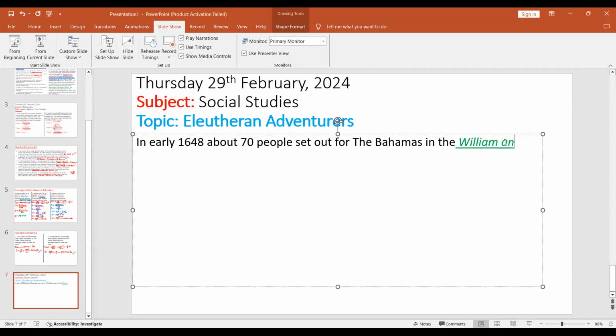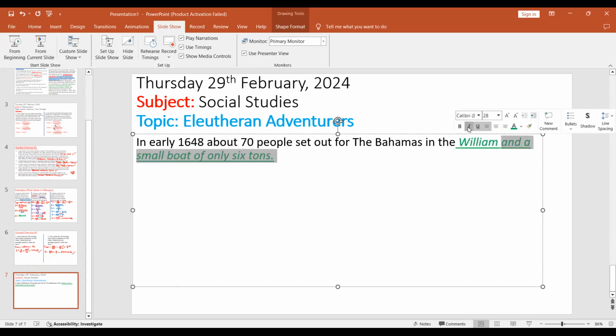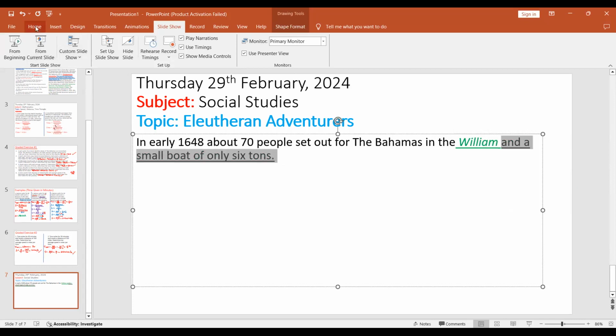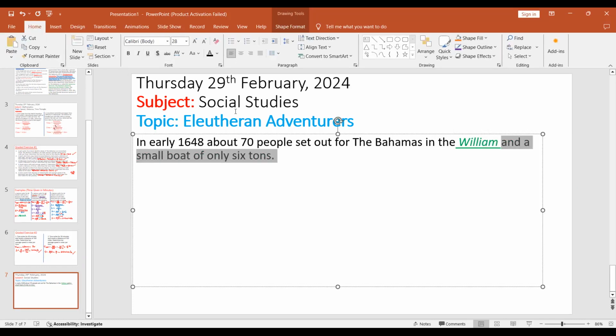A small boat of only 6 tons. Now you would think that in a group that's so small everything would be smooth, right?